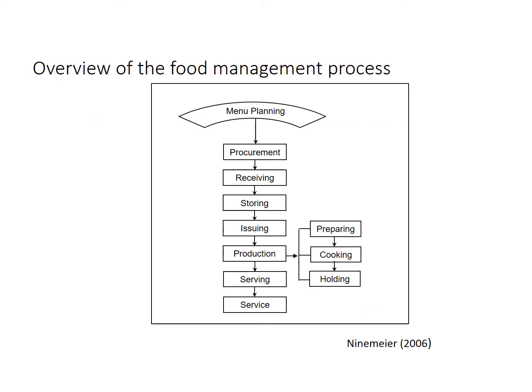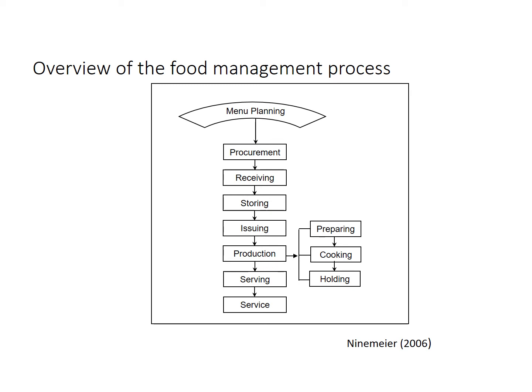If we look at the overview of the food management process, we can see it starts with the menu planning, and then the procurement of the foods and goods, and then receiving the foods and ingredients, storing the food and ingredients, issuing for production the foods required, serving the foods, and the service of the food to the end consumer, the customer.